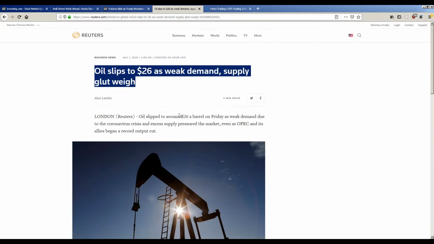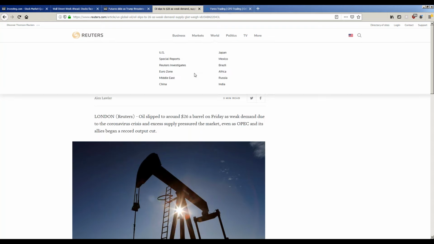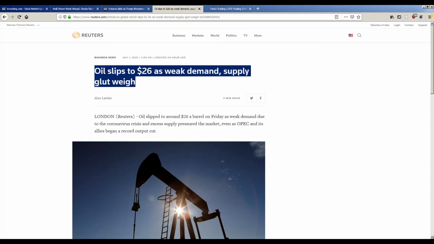Okay, now this $26 a barrel, they're talking about a different futures contract there, but on our platform certainly it broke above 20, right? 21, something like that. We'll take a look. And then they're saying even with that optimism, oil pulled back down. And why? Because still there's a global pandemic, there's oversupply of oil, and fears about recession because of all the shutdown that major economies went through over the past month or two.